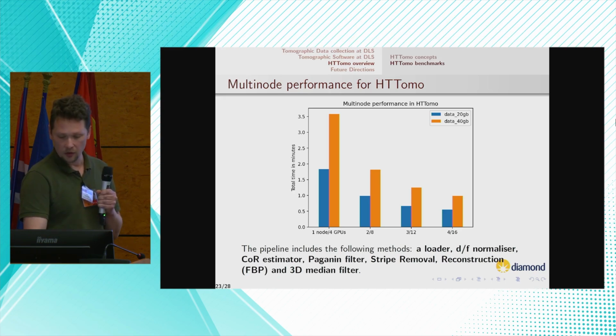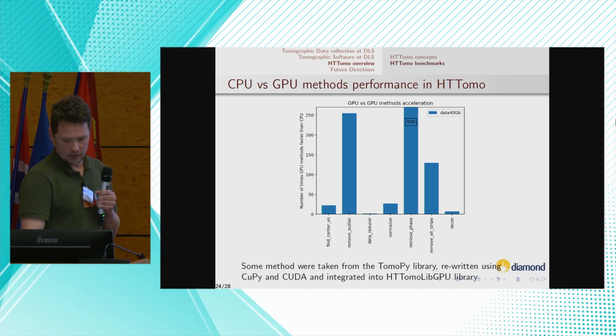So it's not necessarily feasible to use more than two nodes in this case. It's still possible because it's just MPI code. Then, as I mentioned, some of the methods were accelerated, sometimes hundreds of times, but that doesn't necessarily mean that we were so good at it. It's just that the code itself might not be optimized in the first place on the CPU.